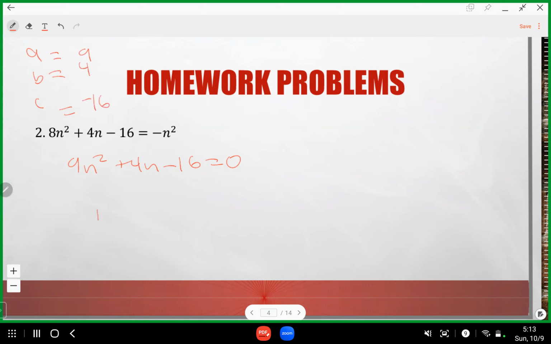Using the quadratic formula, this is going to be negative 4 plus minus the square root of 16 plus 4 times 16 times 9. So this is going to be quite a big number. Let me use my calculator for a second.